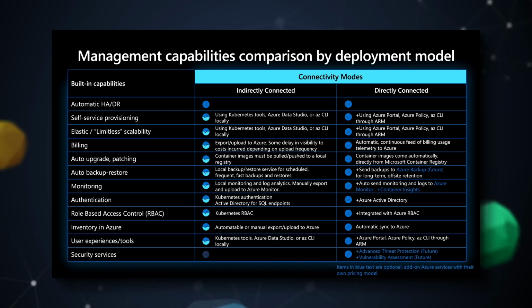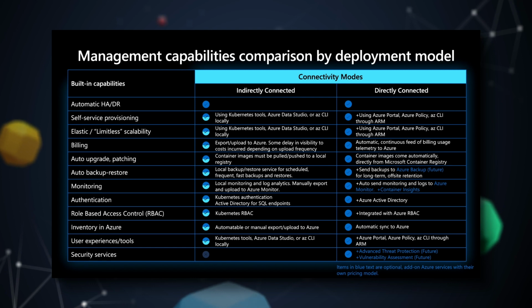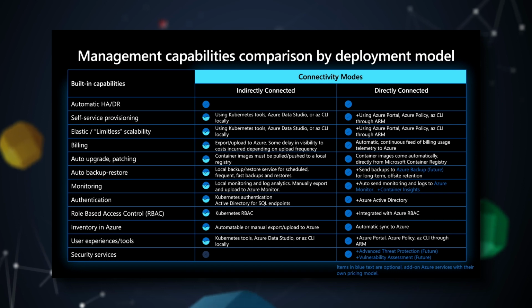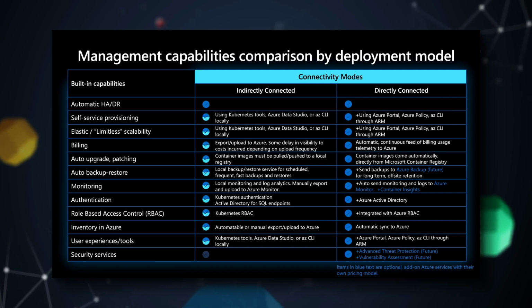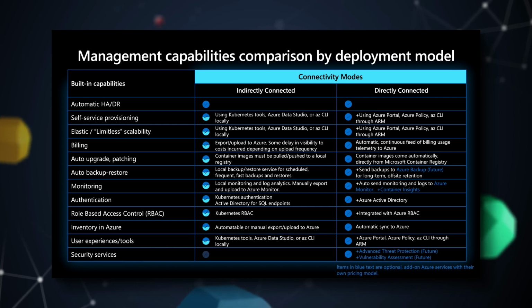In this case, we've added an extension to the Azure CLI that allows you to talk directly to the Kubernetes API to take actions against your database instances that are running on Kubernetes locally without having to log into Azure. Now, in terms of elastic scalability, here you can change the configuration of your database instances to scale up or down the amount of cores or memory. And again, here you're just using those local tools of Kubernetes or Azure Data Studio or the Azure CLI.